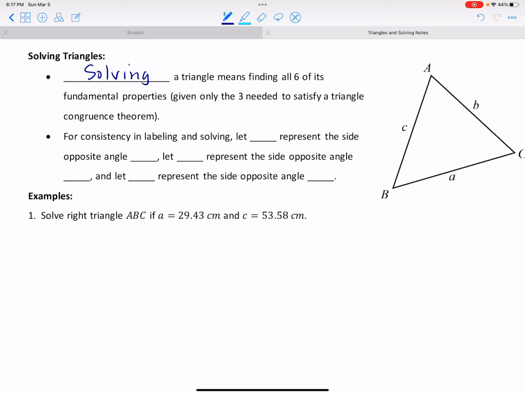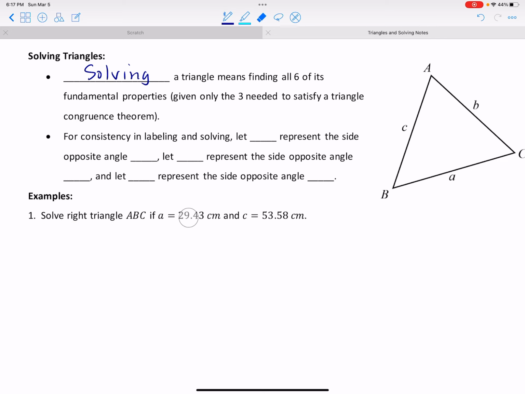So for example, in number 1, we're going to be solving a right triangle ABC given, well, first it's a right triangle, so you know one of the angles, and a side length here and a side length here. So based on just those 3 components, we should be able to find the other 2 angles in the triangle as well as the third side of the triangle.